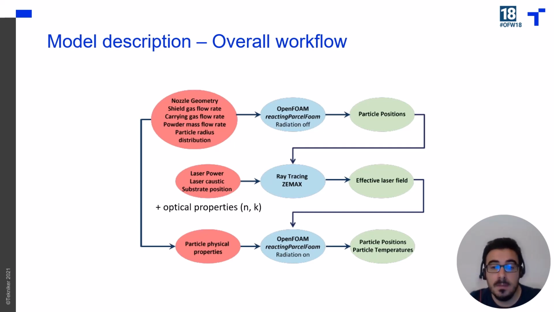We get, through the use of CMAX software, the effective laser field, which is then mapped back into OpenFOAM in the third submodel. In the last row, we repeat again the first Eulerian Lagrangian model as in the first submodel, but in this case, we turn the radiation term on for the Lagrangian cloud. So we get as outputs particle positions and particle temperatures.